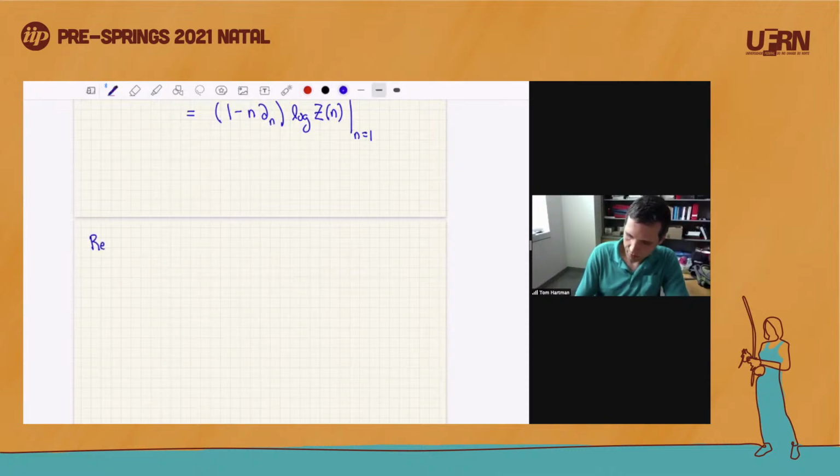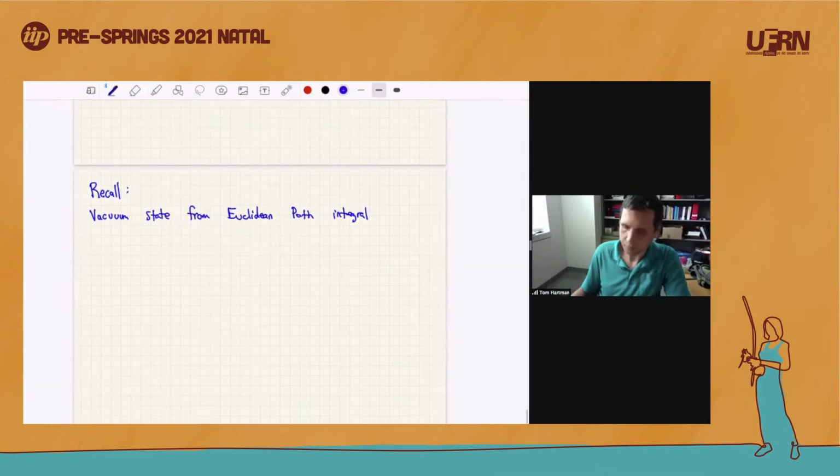So let me first remind you of a couple things about Euclidean path integrals in quantum field theory. The first is that the vacuum state from the Euclidean path integral is the path integral on the half space, Euclidean time less than 0.